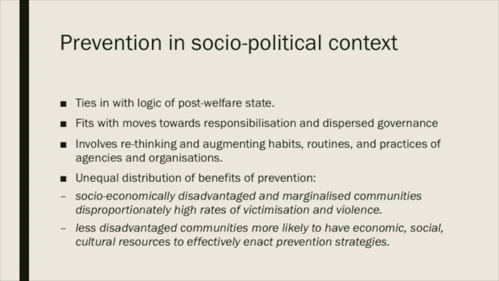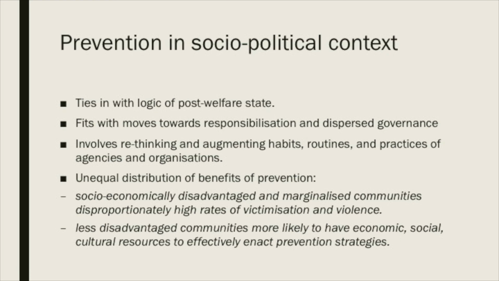A couple of points listed in the reading are the following: that socio-economically disadvantaged and marginalized communities experience disproportionately high rates of victimization and violence, and that less disadvantaged communities are the ones that are more likely to have economic, social, and cultural resources to effectively enact prevention strategies.